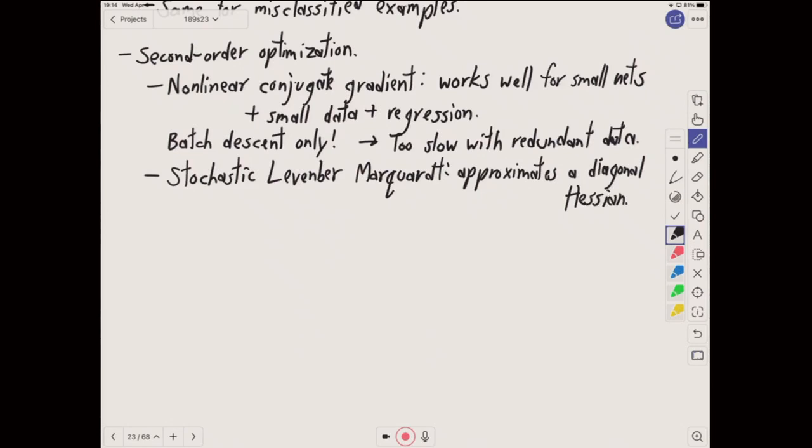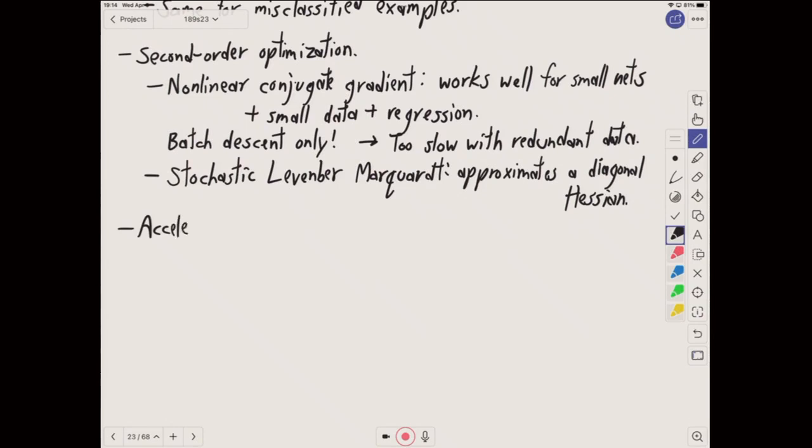And the authors of the paper on this claim that convergence is typically about 3 times faster than a well-tuned stochastic gradient descent method. But the algorithm is pretty complicated. So I am giving these to you so that if you want to know more, you can look them up.